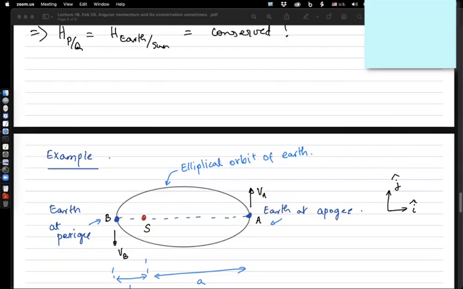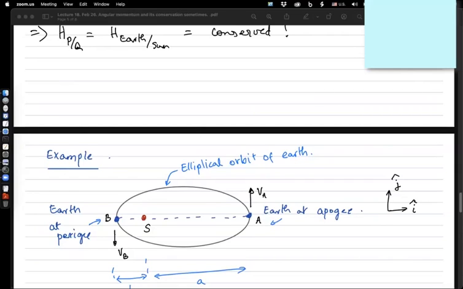And the speed of the Earth at that point A is VA. When it's at the furthest point, if you say this dotted line is the I direction, then VA is going to be the J direction.